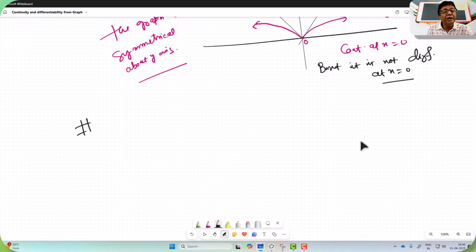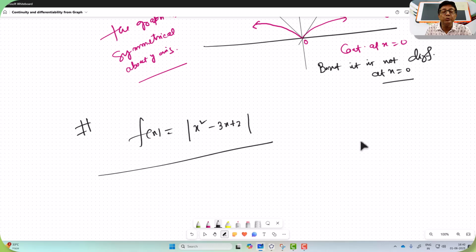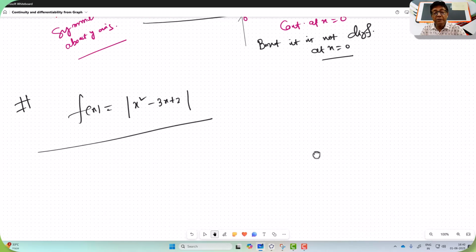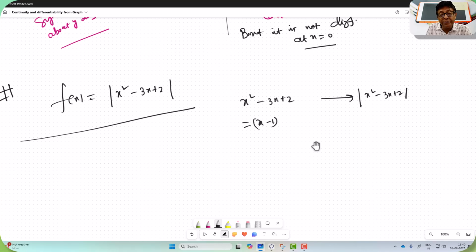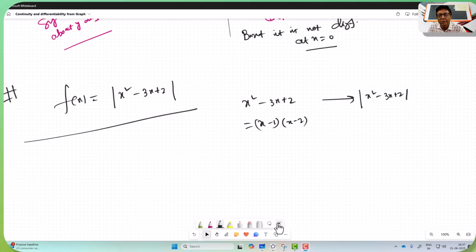Let us decide the continuity and differentiability of the function f(x) equal to mod of x square minus 3x plus 2. How to plot the graph of this function? The steps, I just remind you: it was the graph of x square minus 3x plus 2 first. From there, we will draw mod of x square minus 3x plus 2. This on factorization will give you (x minus 1)(x minus 2).